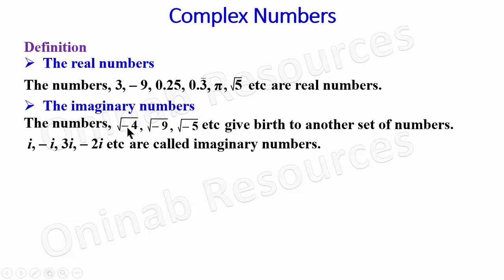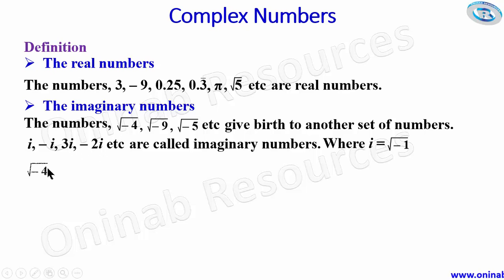The fact that we cannot find the exact value of square root of -4, -9, or -5 by any means gives birth to the set of numbers i, where i is square root of -1. Since we cannot find the exact value of square root of -1, it is represented by i, and this i is called the imaginary number.